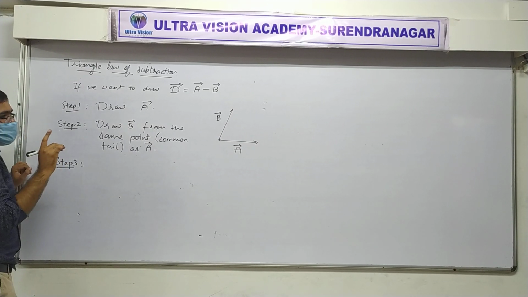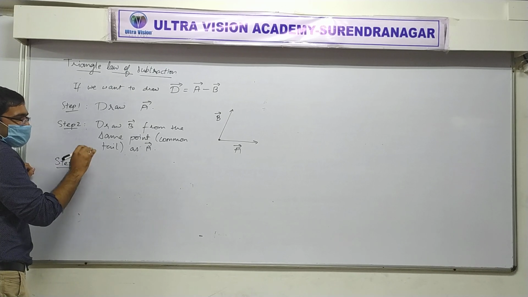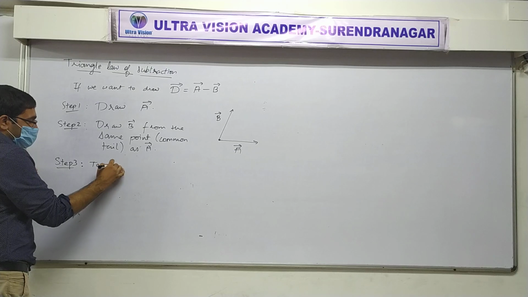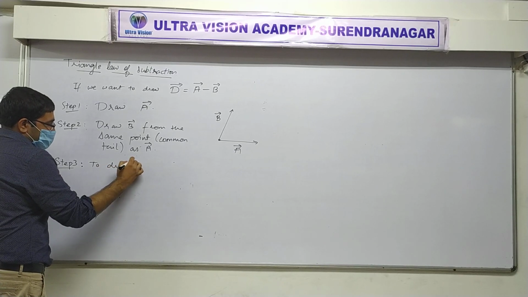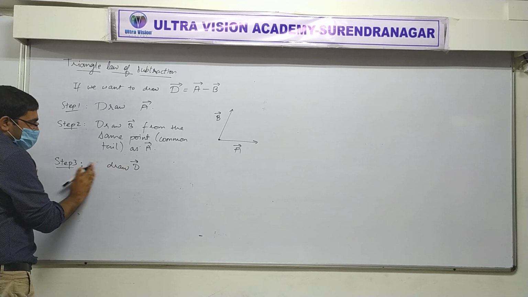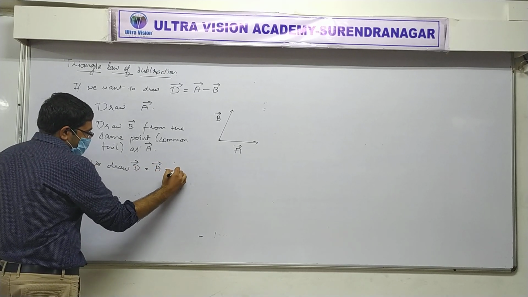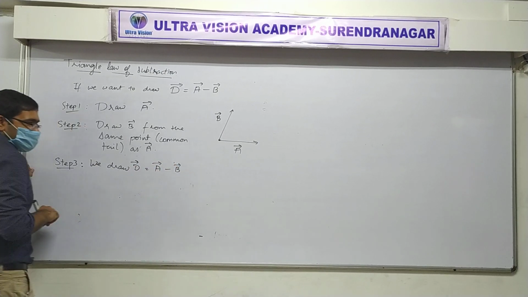Step 3. Now listen to this carefully, write it carefully. We draw D vector equal to A vector minus B vector.